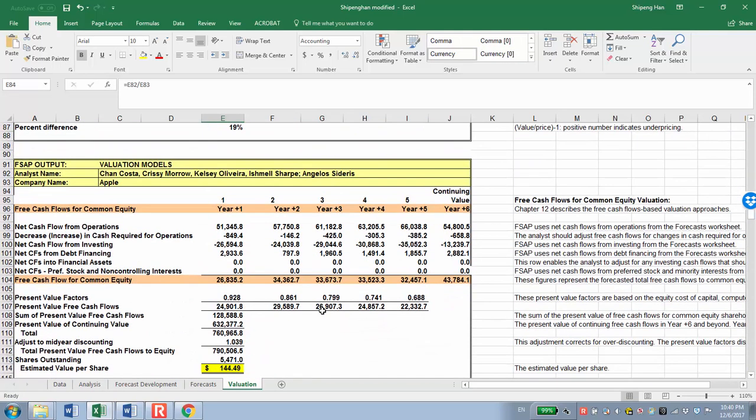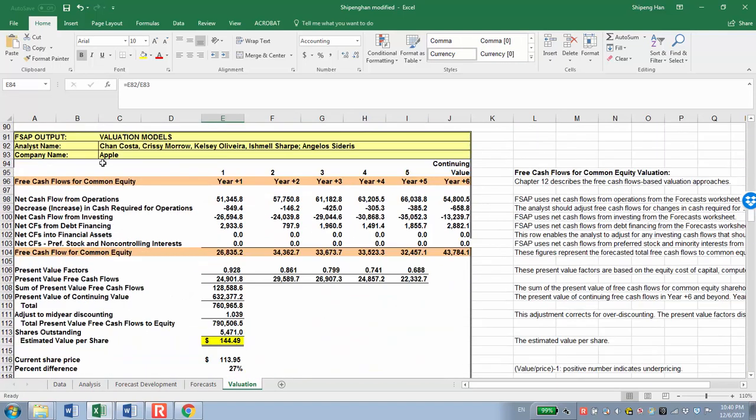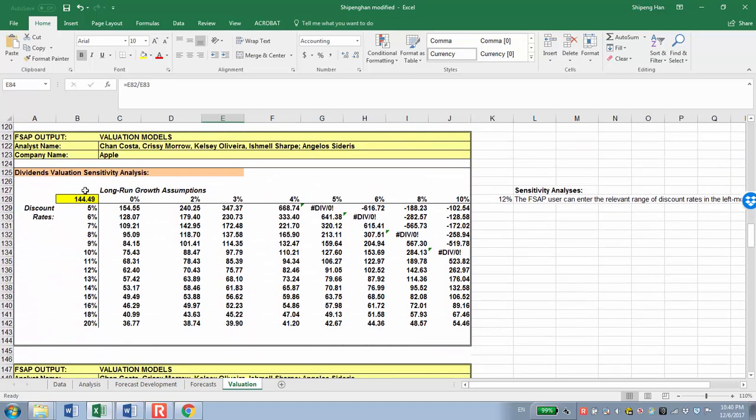And this model is free cash flow for common equity. So 144 and 49 cents is a valuation from free cash flow available for common equity holders, and this is a point estimate. This model only gave us a number.